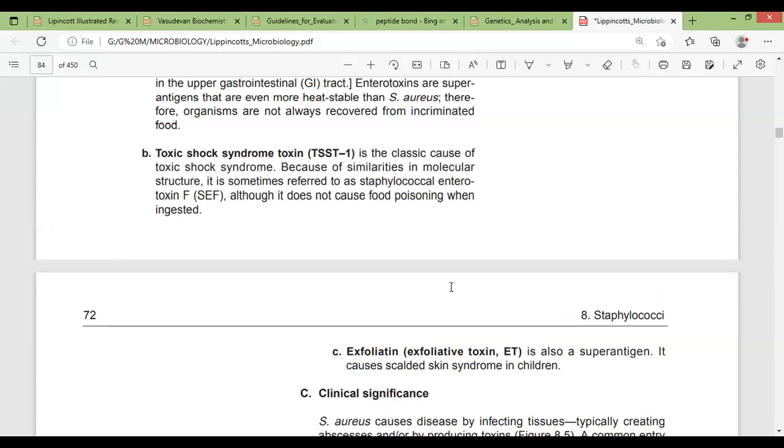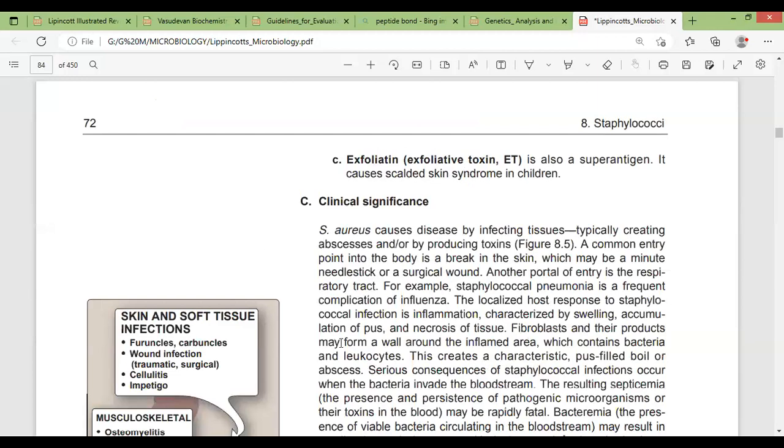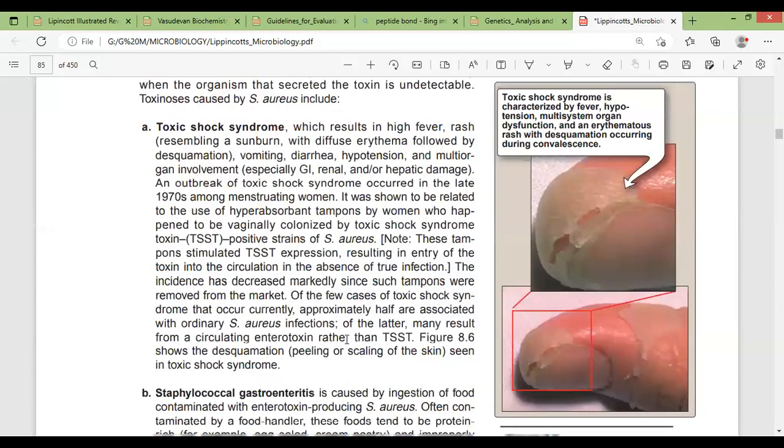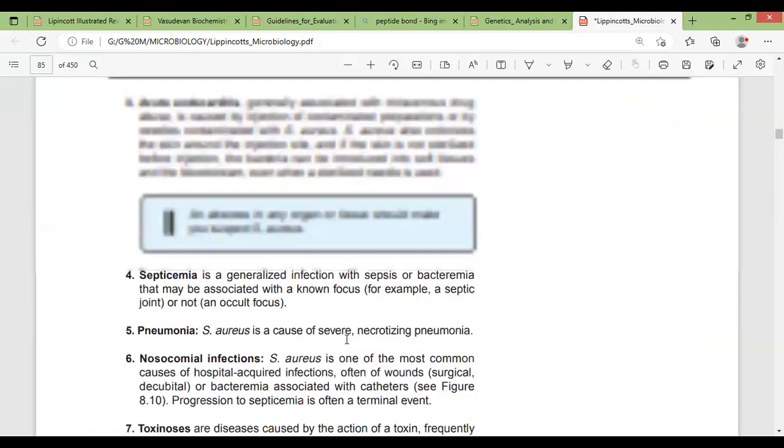Then when we look at the clinical significance, we're just looking at where in the body Staph aureus can lead to disease. Number one, we've already mentioned, we have the skin, right? Skin cellulitis, impetigo.